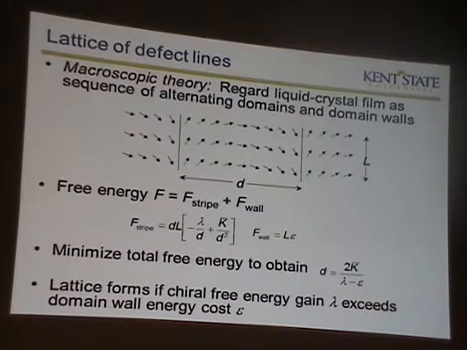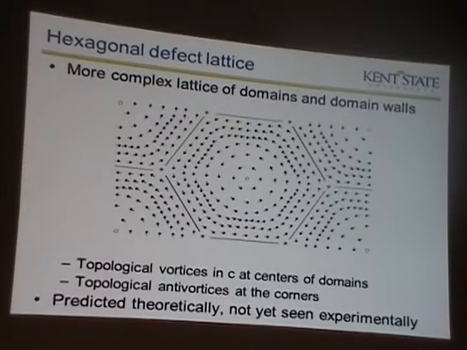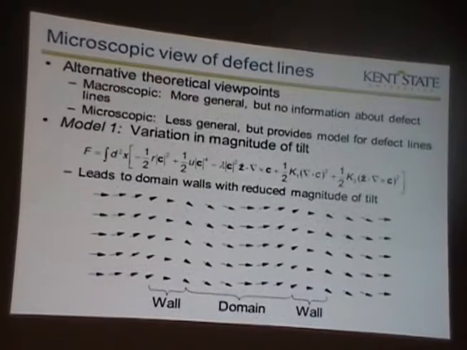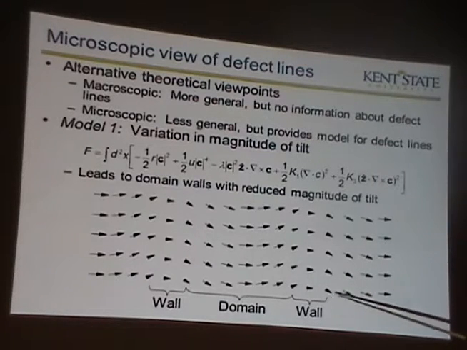We could also work on a more detailed theory that describes what's happening inside of the walls. There could be a domain inside the domain walls. Maybe the magnitude of the molecular tilt is changing.